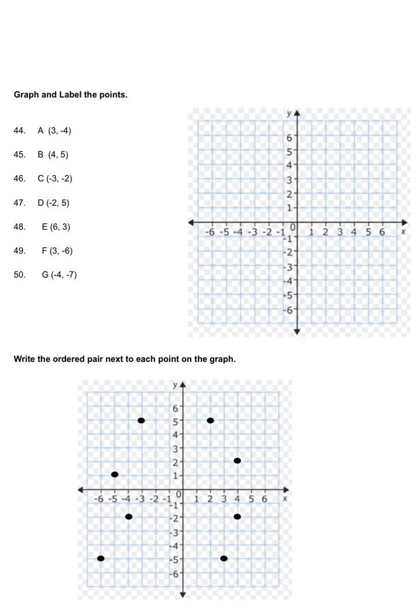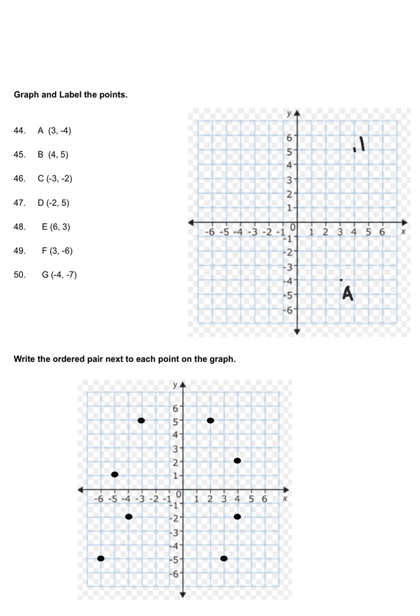Looking at our last page, 44 through 50, we are going to graph and label some points. Number 44, letter A is going to go at 3, -4. 3, -4 is right there. That's letter A. Letter B is going at 4, 5, which is up here.